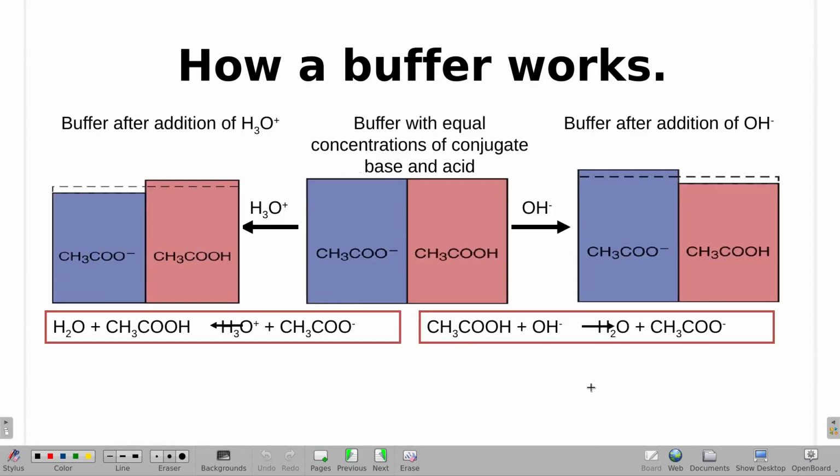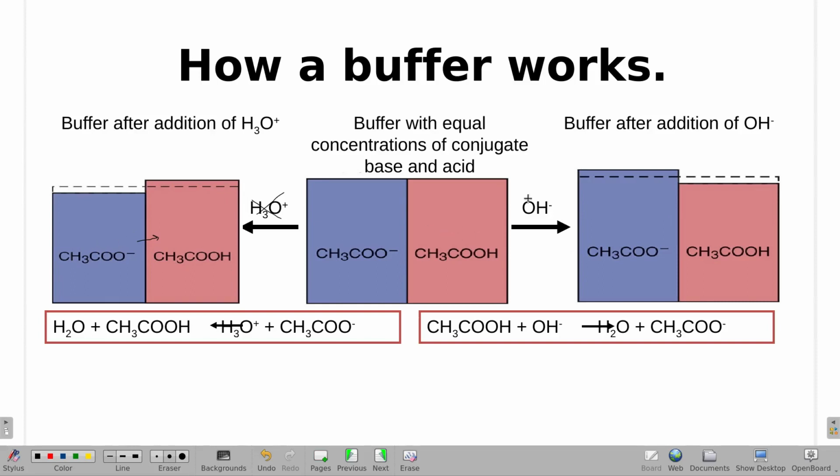Okay, and this is what's going to happen. If we start with those equal amounts of those two, and we add acid, the acid will totally go away, and the acid portion of this one would get higher, and the base one would drop ever so slightly, because that extra acid, H's, are getting put onto there and shifting this over here. But all the H3O is now gone, the pH is still controlled by this acid and this base.